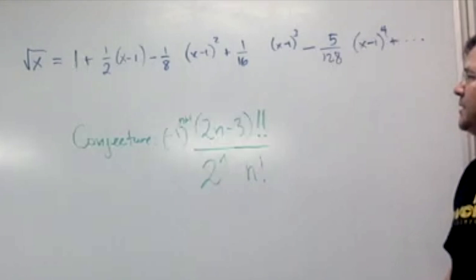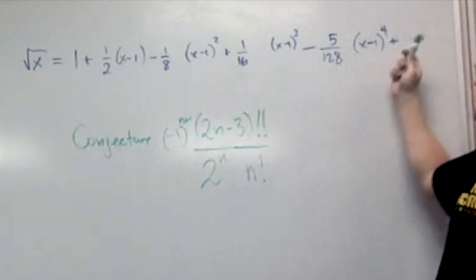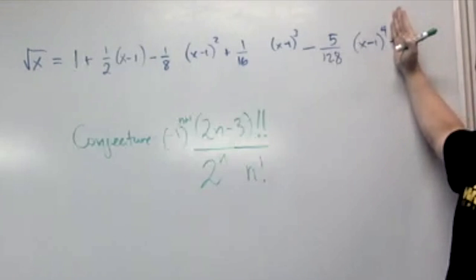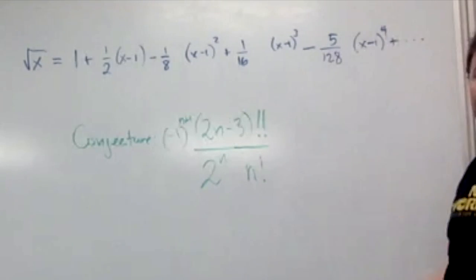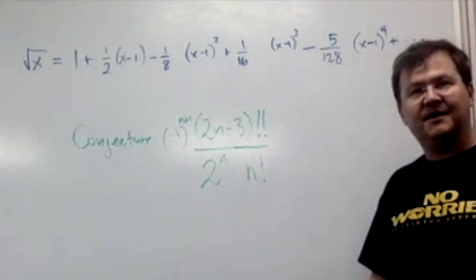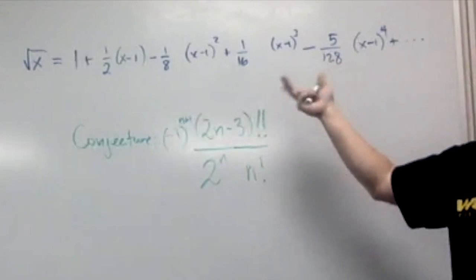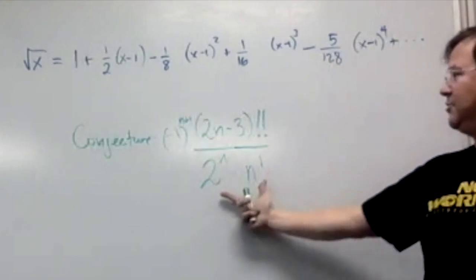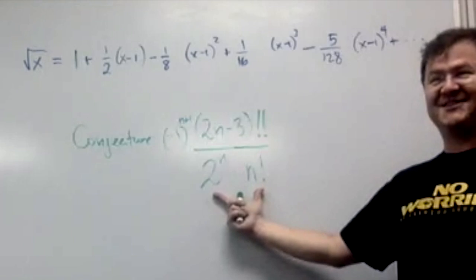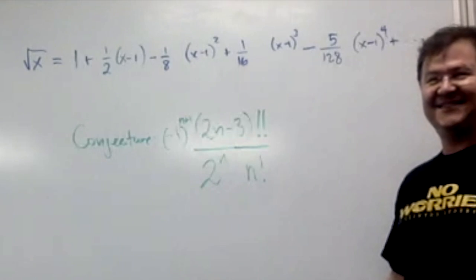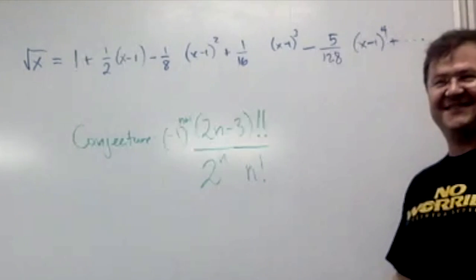Yeah. And if it's true, then I can fire up Desmos, and if I stop here and just graph that much, it'll look like the square root of x, at least close to 1. There's going to be a radius of convergence. What's the radius of convergence of this? Right. Hey, we can check it. We have ways of checking things like this. Ratio test. Oh, wow, yeah.